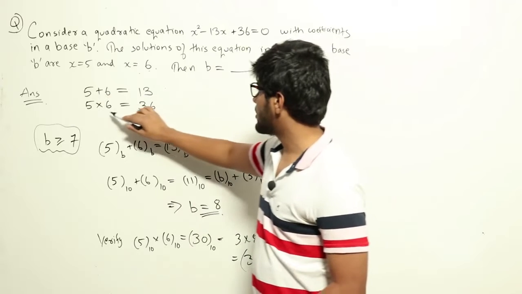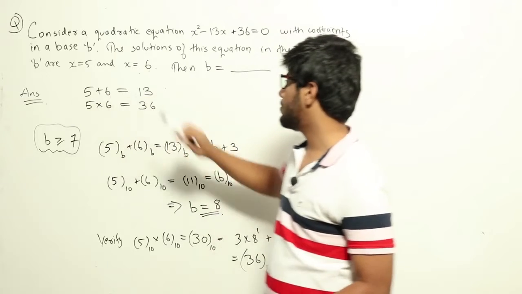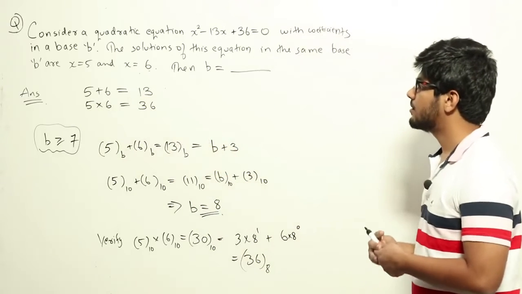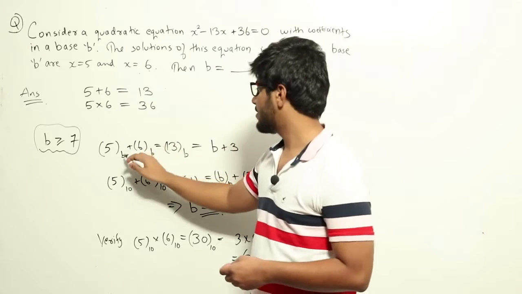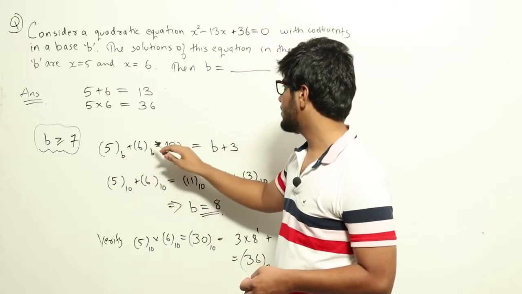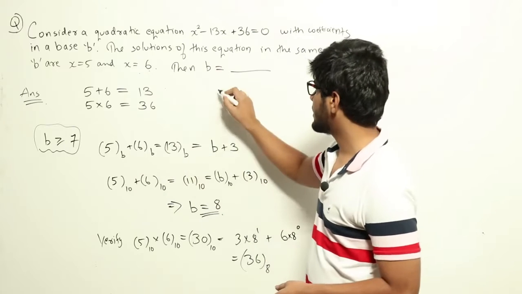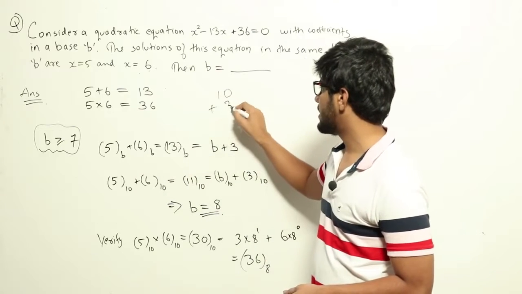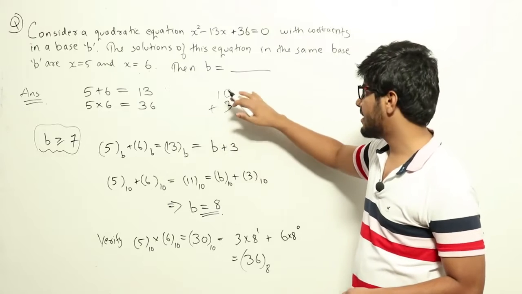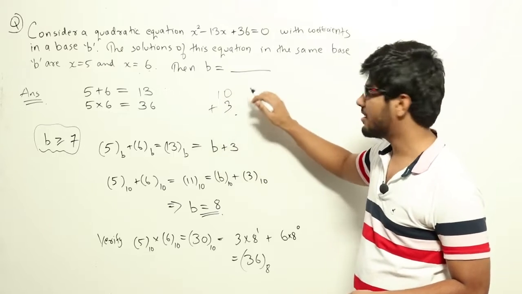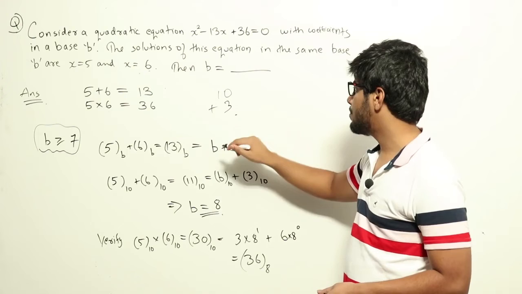Now these numbers are not in base 10, these are in base b. Okay, so 5 plus 6 in base b will be equal to 13 in base b. Now 13 in base b we can rewrite as 10 plus 3. Now 10 is not 10 here, it is 10 in base b, and in base b, 10 will be b.